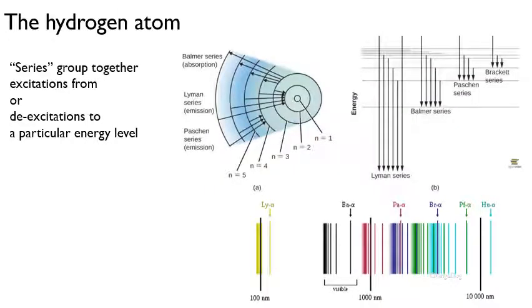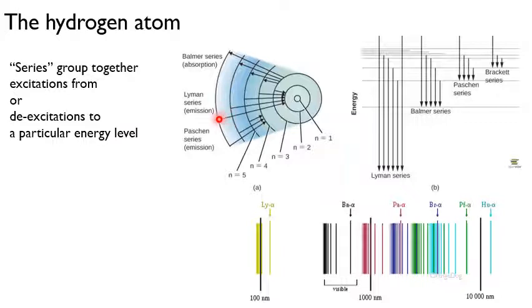So just focusing for a moment on the hydrogen atom, because this tends to play an important role in astronomy because the majority of the universe turns out to be made of hydrogen. We can look at specific wavelengths that are emitted in the hydrogen atom from de-excitation or absorbed from absorption. And we call these series. So a series basically groups together excitations from or de-excitations to a particular energy level.